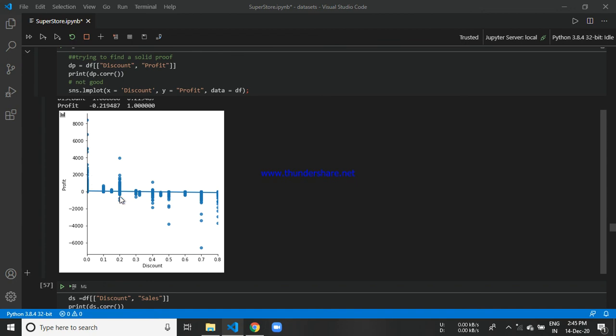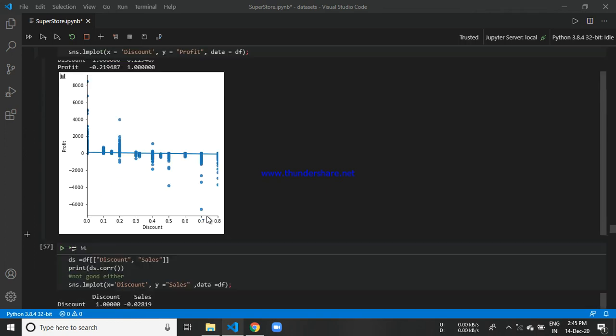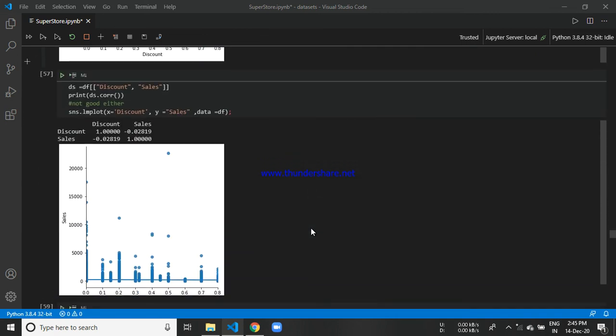Even at discounts at the level of 20%, the profits were there. Okay, so we can conclude, if you give more than 30% discounts, the profits are going to take a hit. That's a bad hit.